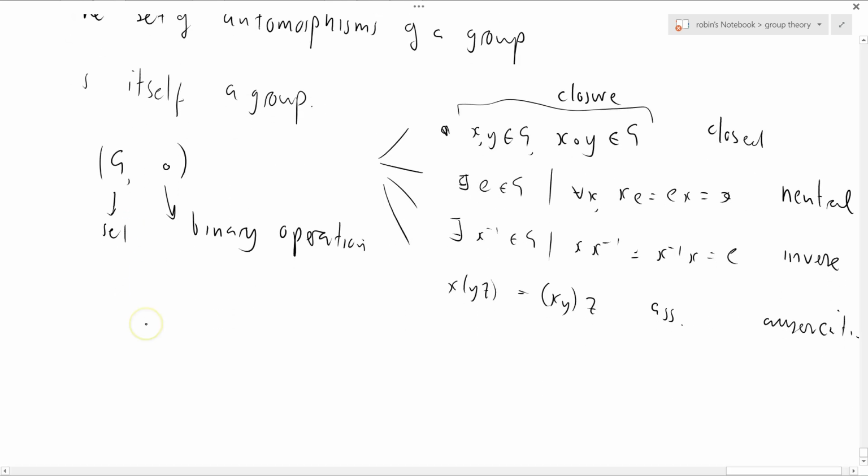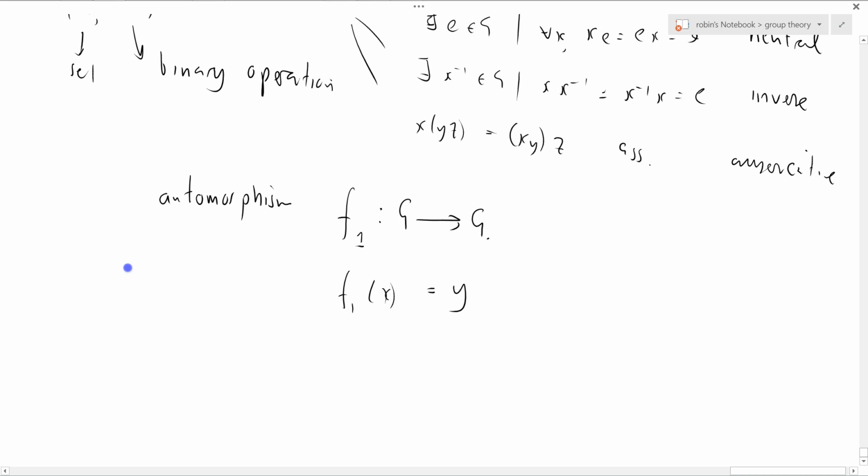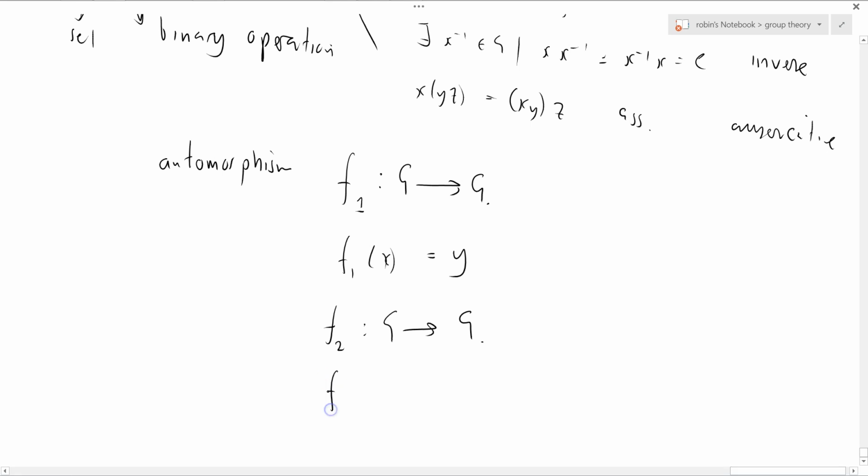Well, I'm going to make the answer completely and utterly obvious to you by writing it in a peculiar notation. If I've got an automorphism, I'm just going to write it as f subscript 1, and this maps G to G. So we might write that f1 of x equals y. And if I've got another automorphism, I'm going to write it as f2, which also maps G to G. And I'm going to specify that f2 of, let's say, z equals p.